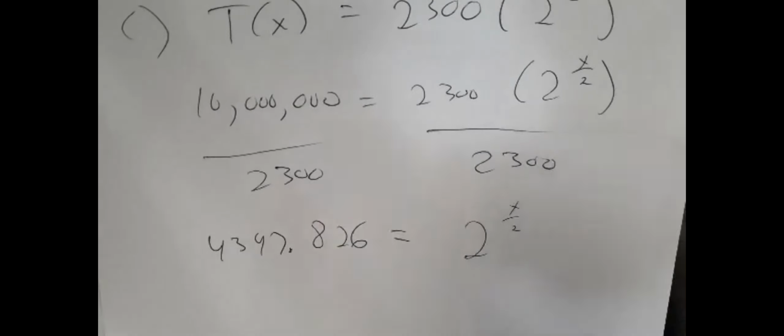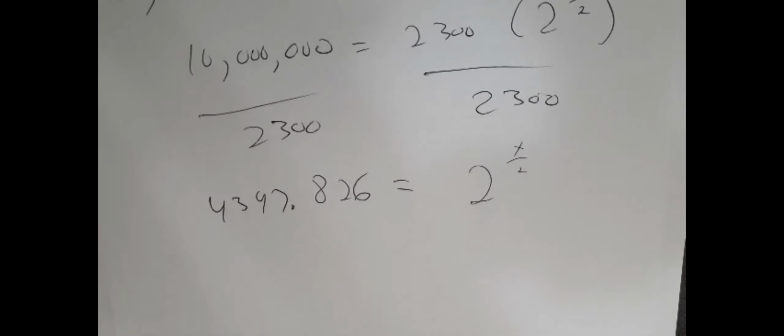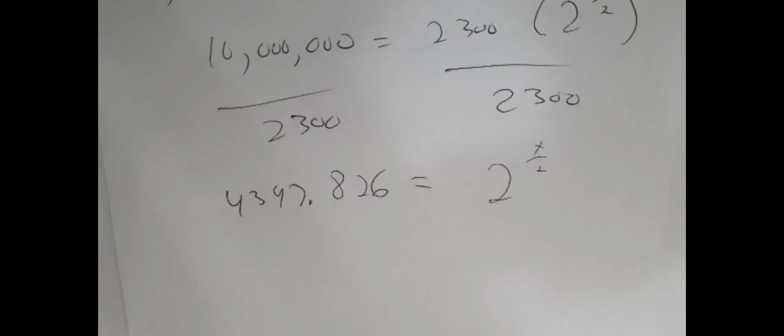That's 2 to the x over 2. There's not a lot of ways to simplify that fraction. You can take off 100 out of each of those, but that's about it. It does not simplify very well, so I'm just going to round it. It's close enough, hopefully.